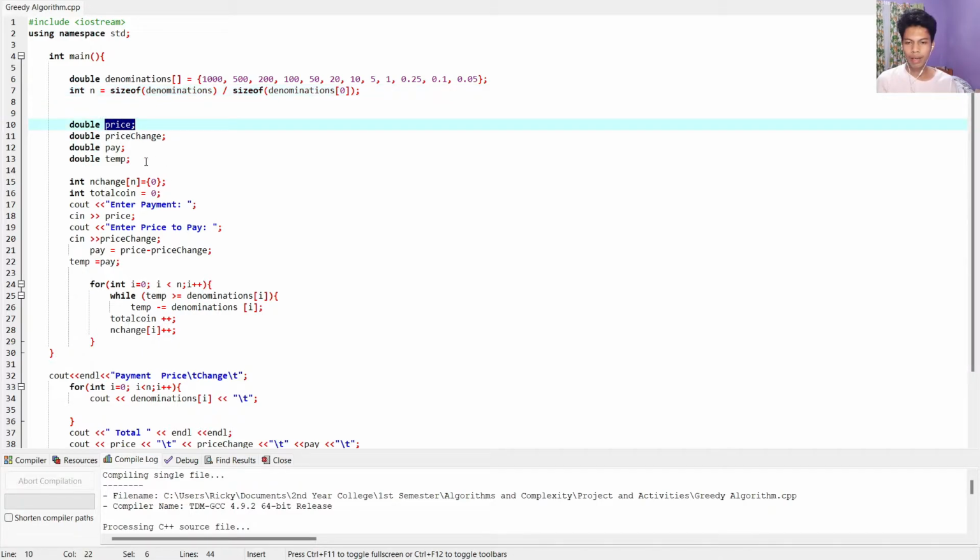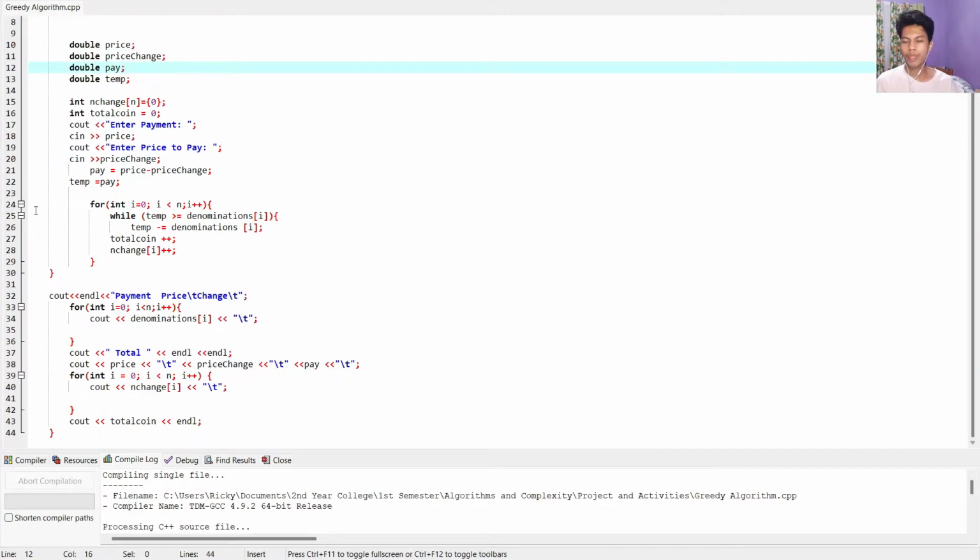We declare double price, which is the payment of the customer. The price is what the customer has to pay, the pay is equivalent to the change of the customer, and the temp is the payment.